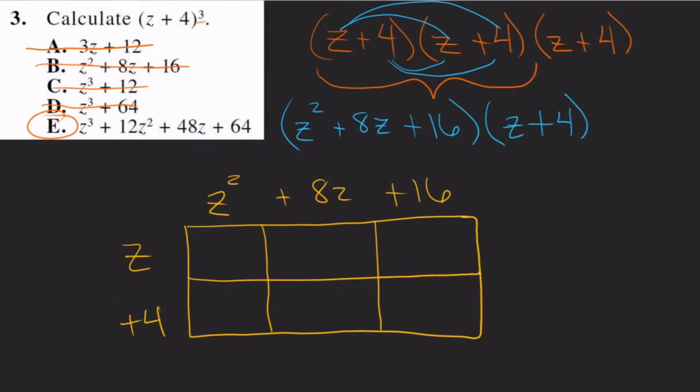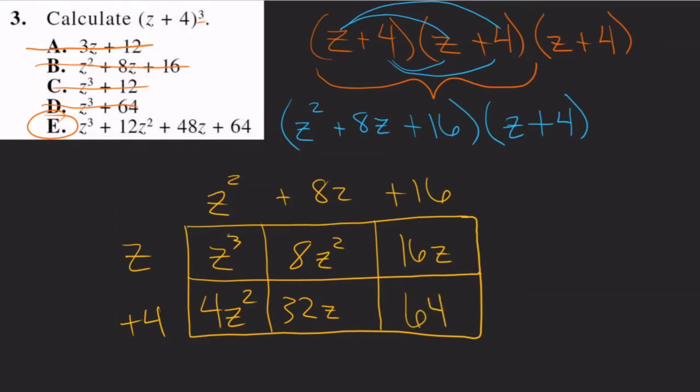And so I'm going to have z times z squared is z cubed. Z times positive 8z is going to be 8z squared. Z times 16 will be 16z. 4 times z squared will be 4z squared. 4 times 8z will be 32z. And then 4 times 16 will be 64.